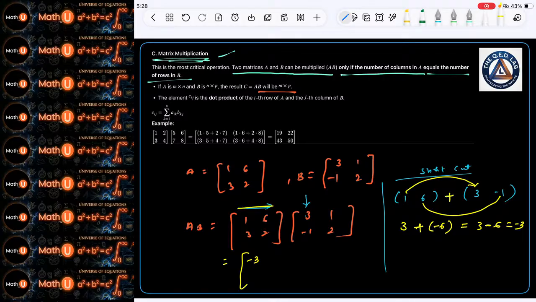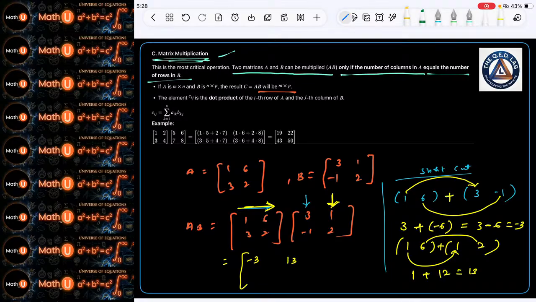Similarly, for the first row, second column element, 1 6 and 1 2. Then multiply 1 into 1 is 1, plus 6 into 2 is 12, that is equal to 13.